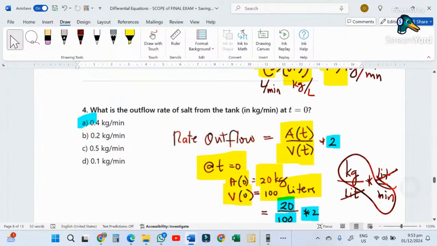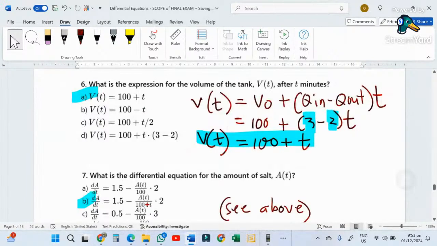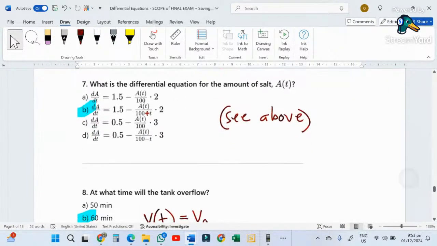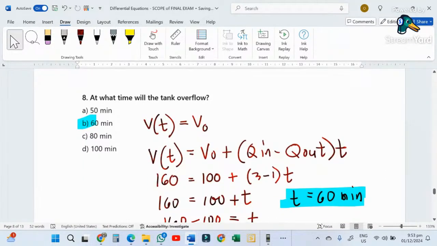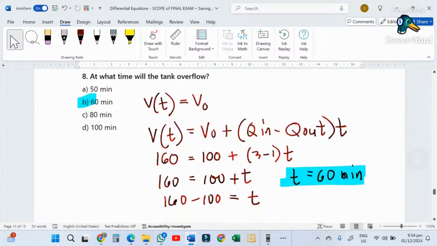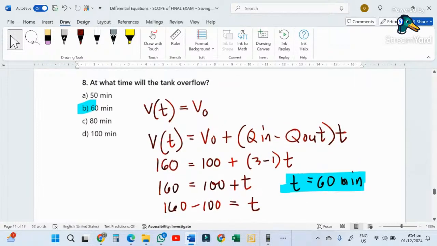We are now in which question? Question 7 is done, see above. Number 8: at what time would the tank overflow? We have the capacity of the tank as stated there. The maximum capacity, volume max of the tank, is 160 liters. So V of t is equal to V0 plus Q in minus Q out times t.